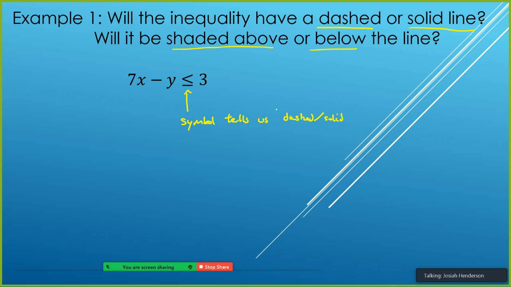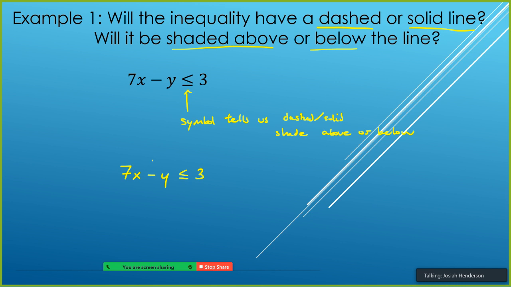And it tells us shade above or below. But let's first put it into y equals mx plus b form. So 7x minus y is less than or equal to 3. A little bit of algebra. So this is good practice for solving equations. I want to solve this inequality for y.